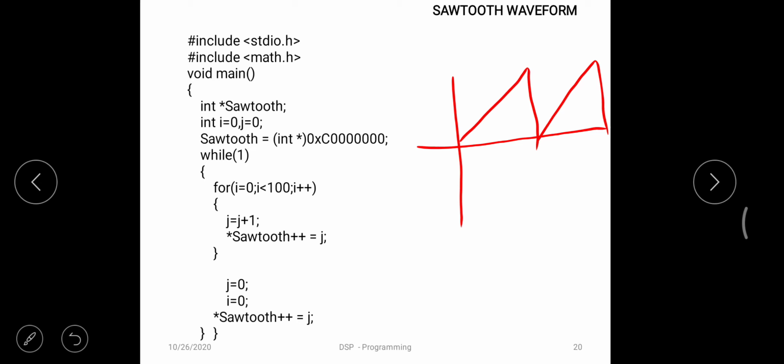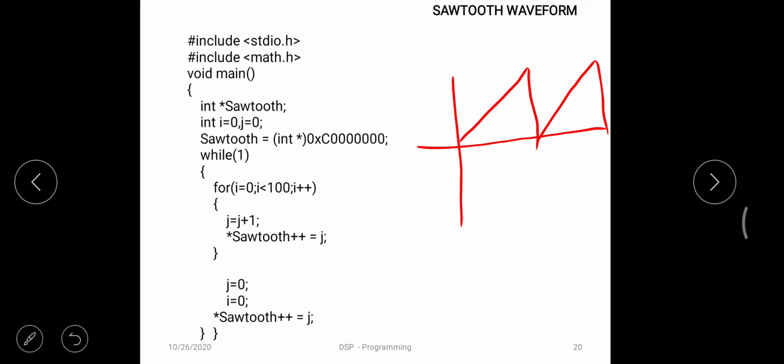I am assigning the initial address of sawtooth as 0. Here also there is an infinite loop, while of 1. Then I have taken i equal to 0, i less than 100, which means that this for loop will be executed for 100 iterations.